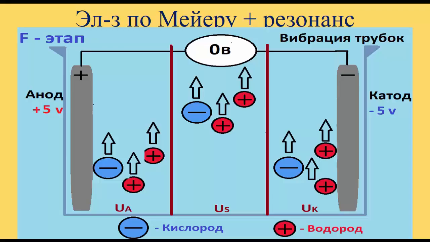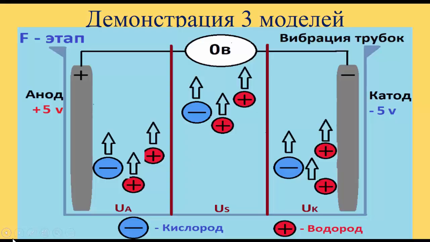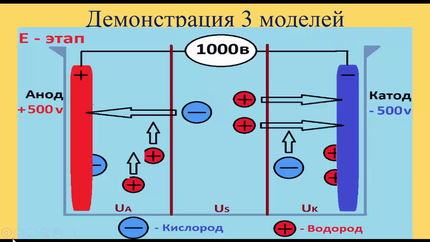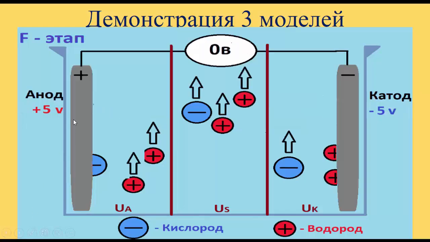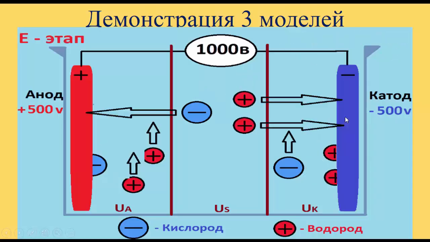Let's make it clear. I'll run a dynamic picture. Well, that makes sense. What's the difference? Here's stage E going on, no vibration. Stage E with tube vibration as they drop off.